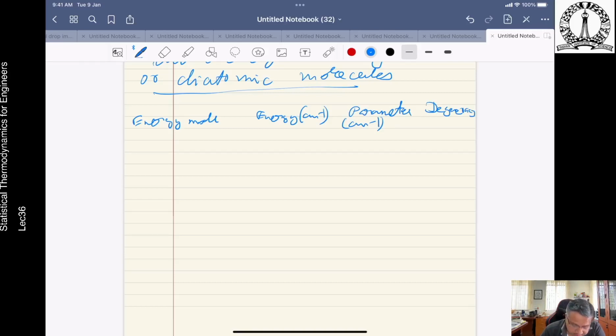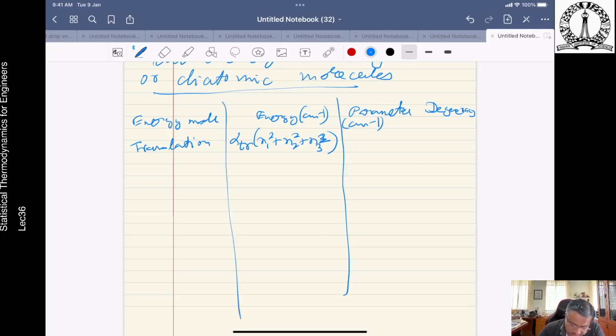Okay, the first one is the translation. So that is given as, you recall, n1 square plus n2 square plus n3 square, where you have put some markers so that it's easier for us to write.